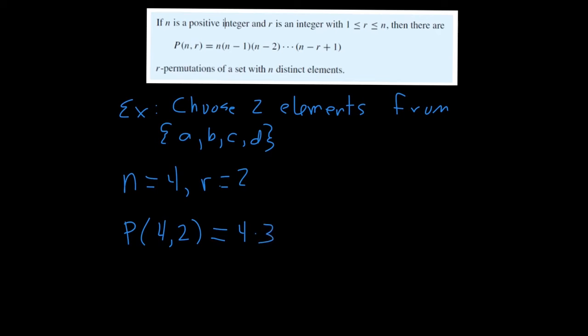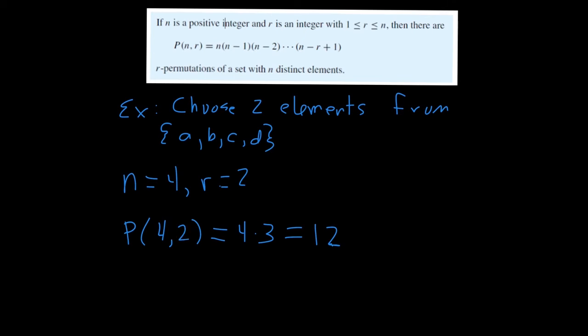And when do I stop? I stop when I get down to n minus r plus 1. n is 4, minus r which is 2, plus 1 is 3, so I stop. So it's just 4 times 3, which is equal to 12. So there are 12 different ways to choose 2 objects from that original set of 4 objects. So you stop counting down on multiplication when you get one more than r.